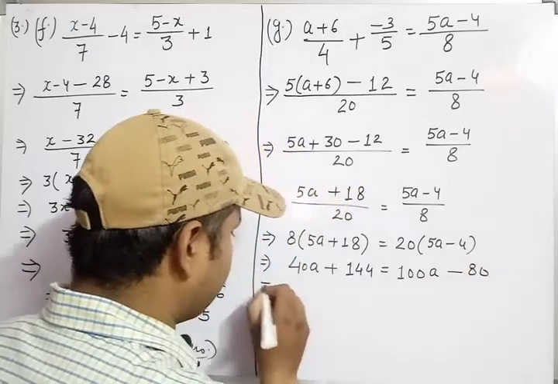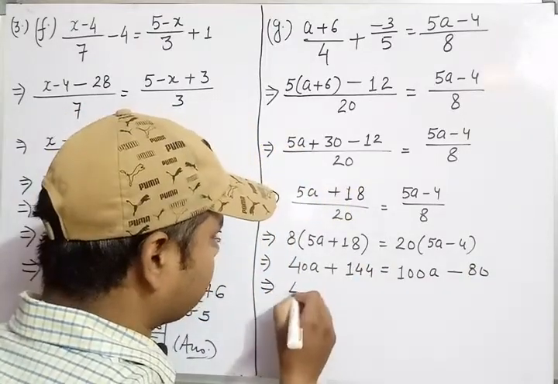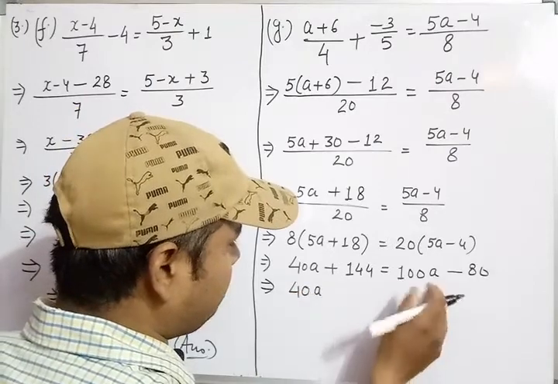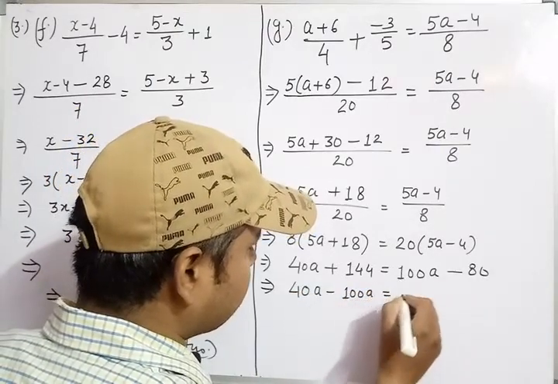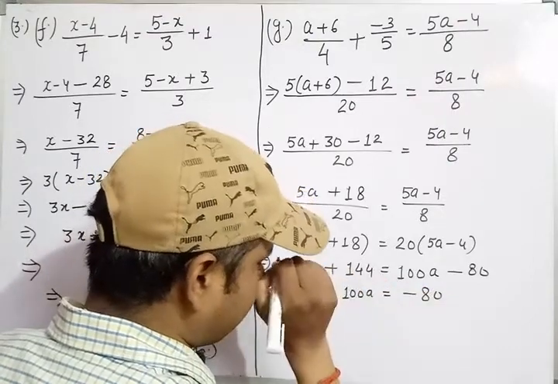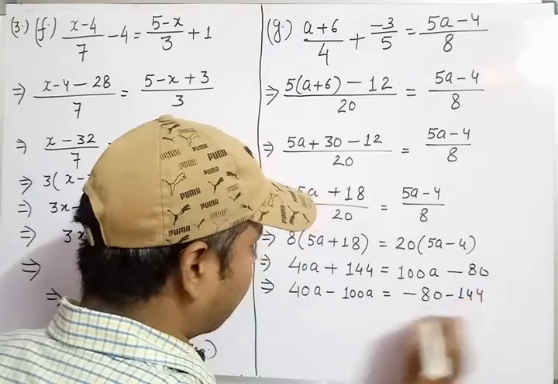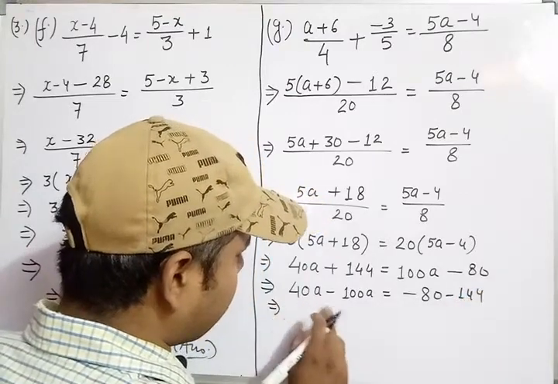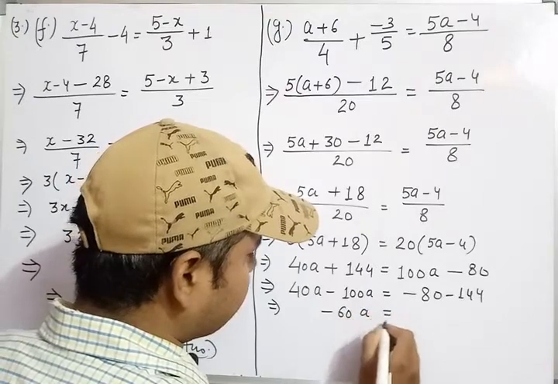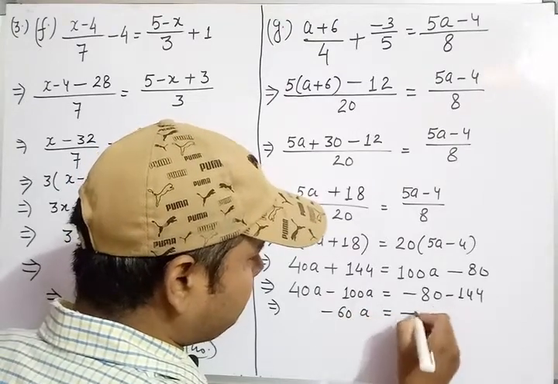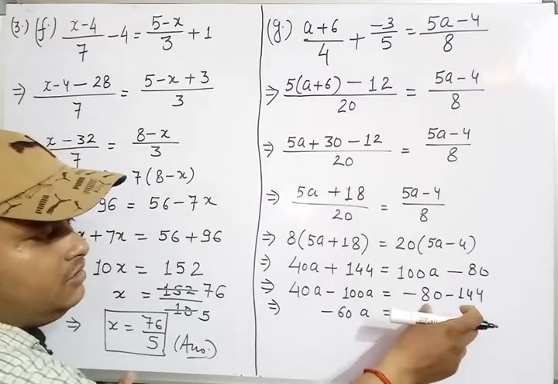Now we have to apply the transposition method. So we can write 40a, and here you have to shift this 100a to LHS, and here you have to shift this 144 to RHS. Now 40 minus 100 means minus 60a is equal to, and here both the numbers are negative.